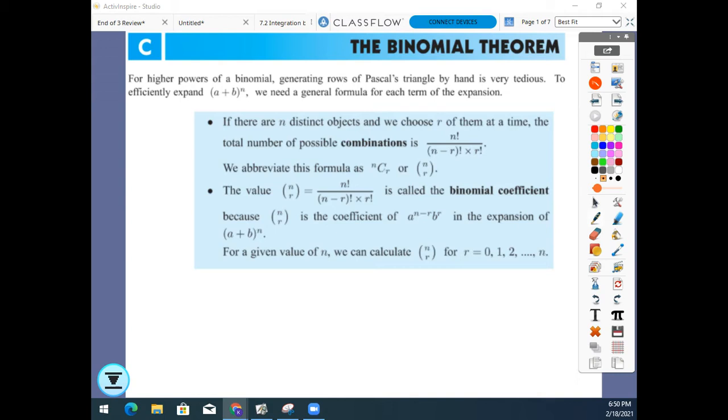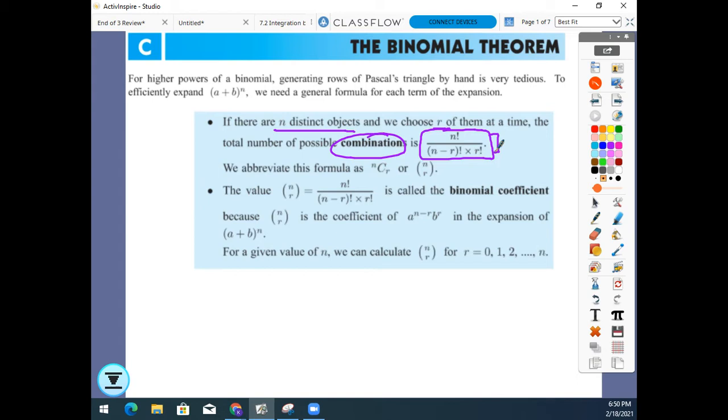All right, so the first thing that you want to understand is the word combination uses this formula. If we're choosing n objects r at a time, we use n factorial over n minus r factorial times r factorial.